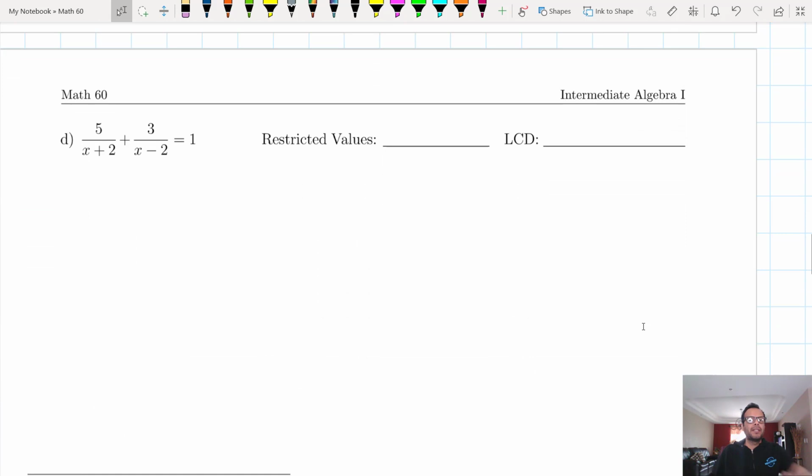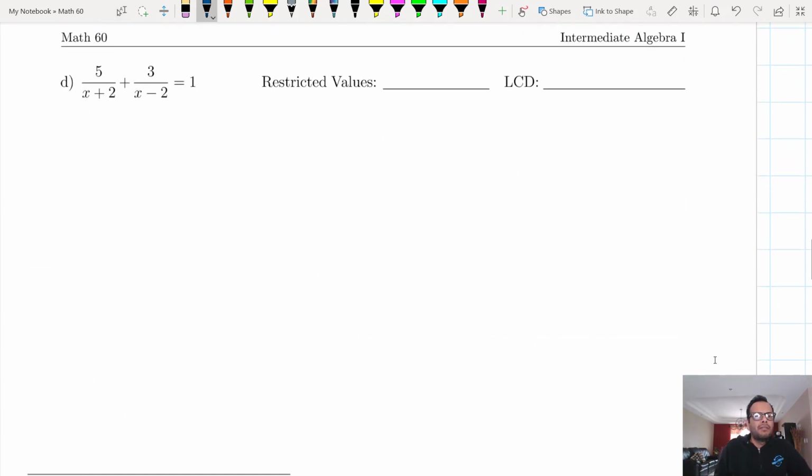All right, let's look at another example. Let's see. Letter D, 5 divided by x plus 2 plus 3 divided by x minus 2 equals 1. All right, in this case, our first step would be to determine whether we can factor out the denominators, right?